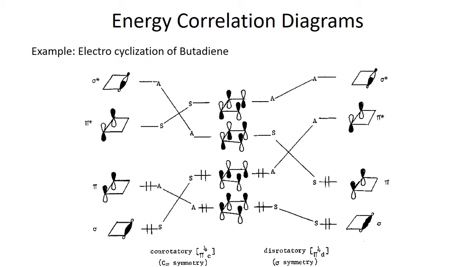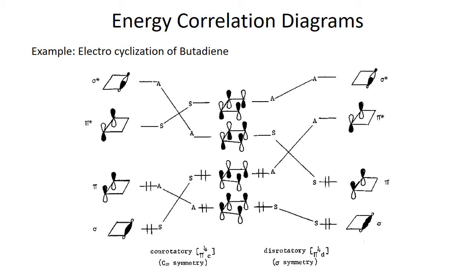In this case, from the asymmetric pi 1 of butadiene, electrons shift to the asymmetric pi orbital, and from the symmetric pi 2 orbital of butadiene, they shift to the asymmetric sigma orbital of cyclobutene. The electron filling is 2 electrons in the lowest possible orbital of cyclobutene, and then 2 electrons in the pi orbital.